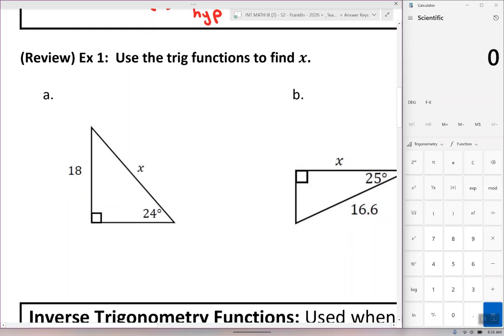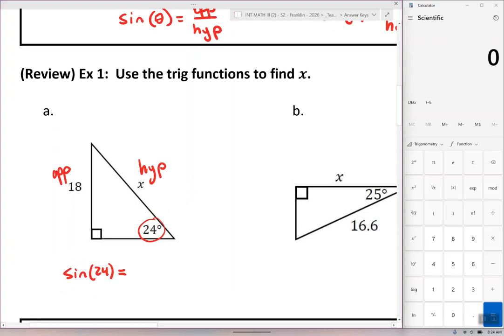So here we have a right triangle. We're missing the hypotenuse. So if I have my reference angle here, 24 degrees, and I have the opposite side from it, and here's the hypotenuse, I'm going to use my sine function because it's opposite over hypotenuse, and that's what I have here. So the sine of 24 is equal to, and again, it's opposite over hypotenuse, so 18 over x.